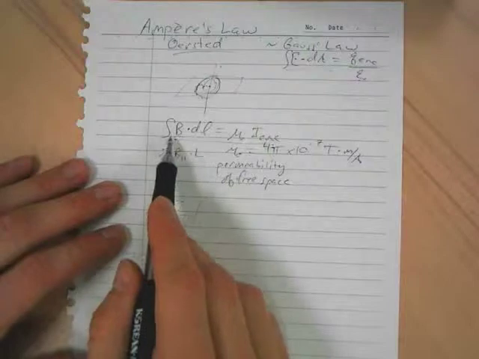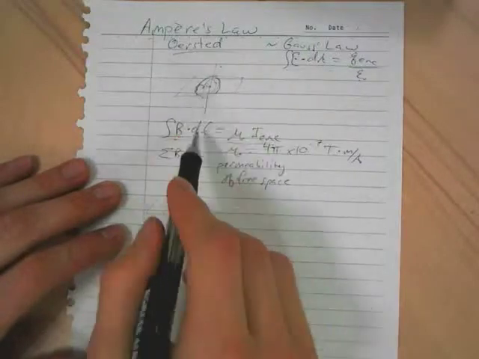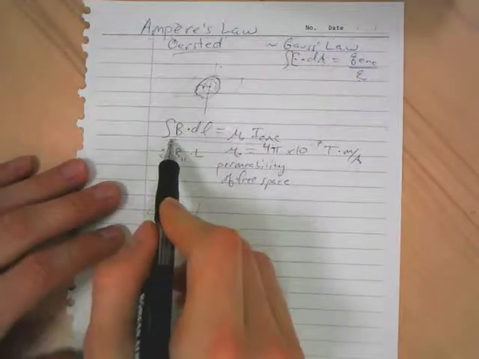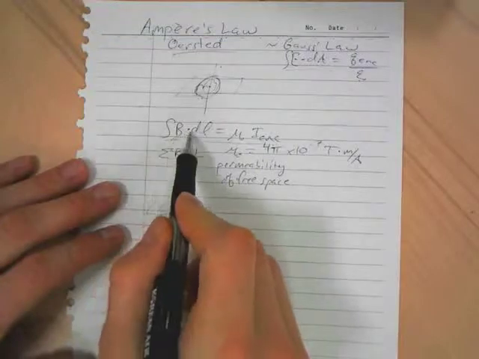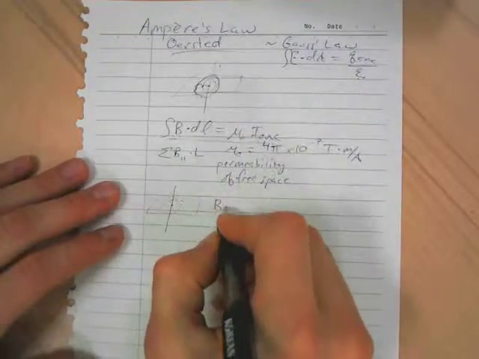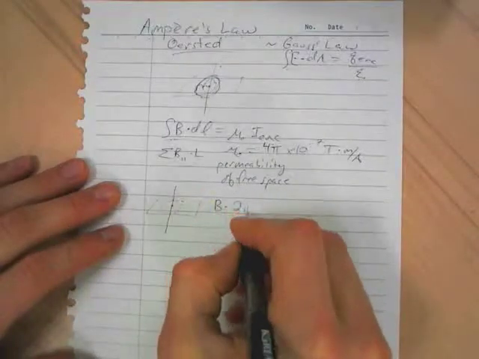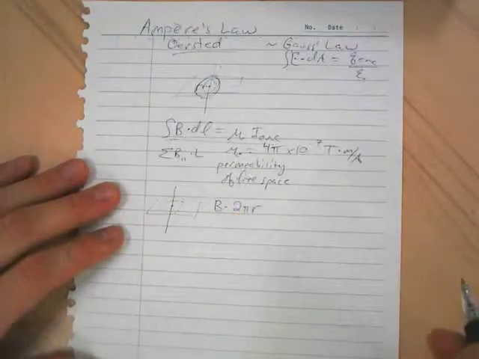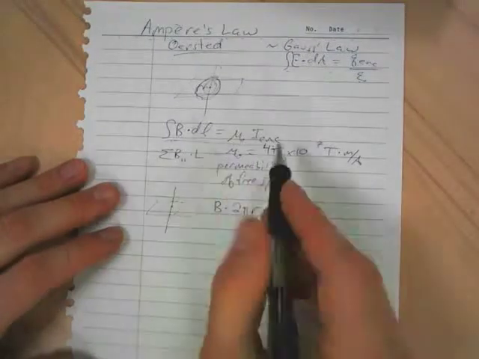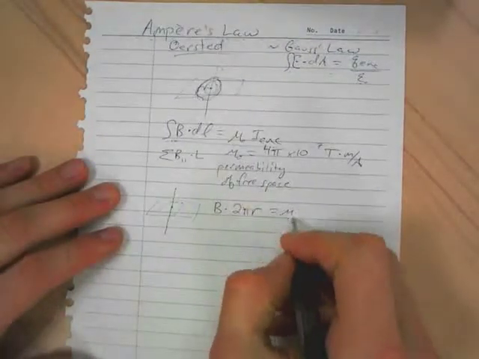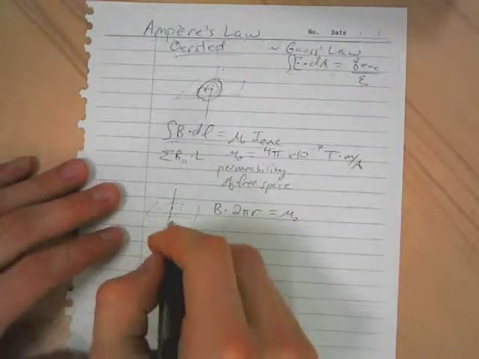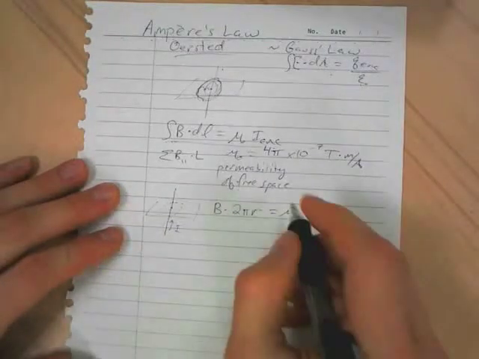So each little piece of that B field, as you integrate it up, is in the direction of the path. And so instead of B dot dl, you just get B times that length. And the length around a circle, of course, is 2 pi r. Okay? And mu naught is mu naught, and the current enclosed is just whatever current is running through this wire.